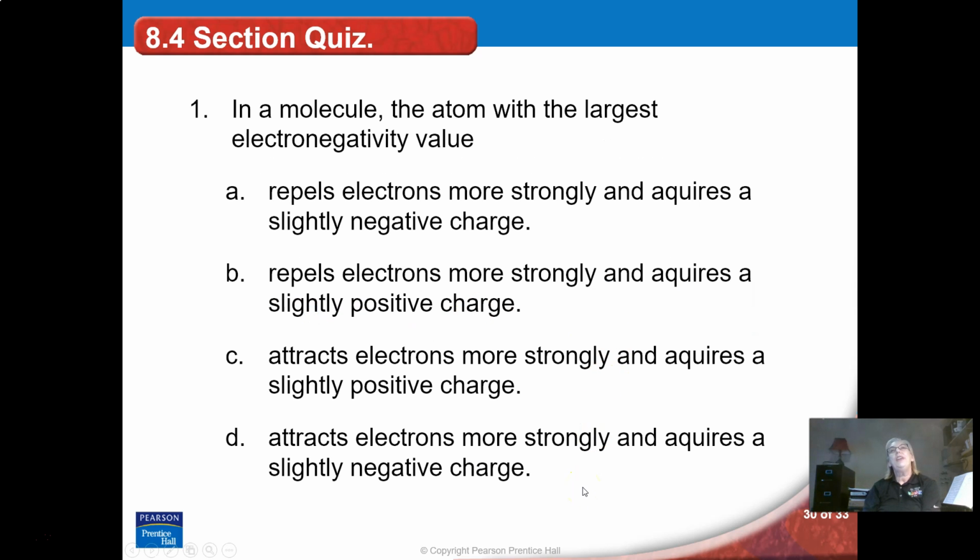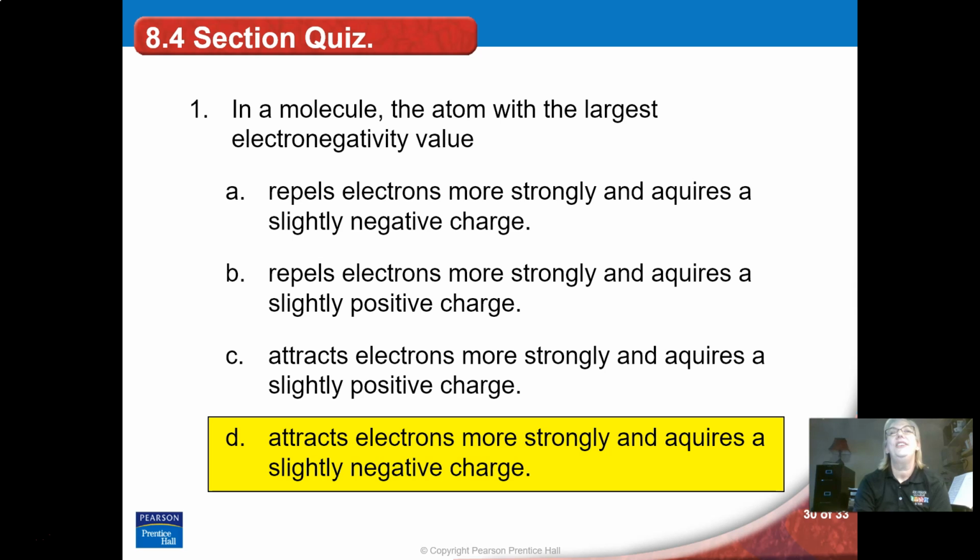In a molecule, the atom with the largest electronegativity value, what does it do? I'll give you a second. Alright, so it attracts electrons more strongly, and it gets slightly negative. That's like we were talking about with the water and the hydrogen chloride. The chlorine has a partially negative side.